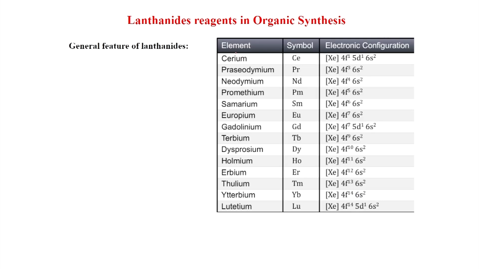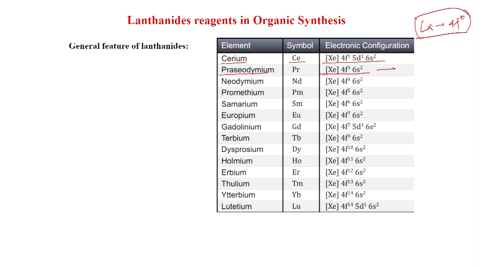After lanthanum, lanthanum actually has 4f0. That is why sometimes it is not called a lanthanide, but because its properties are similar to other lanthanides, sometimes it is called a lanthanide. So, here we see cerium, this is the symbol and this is the electronic configuration 4f1, 5d1, 6s2, and praseodymium, and this is the observed.